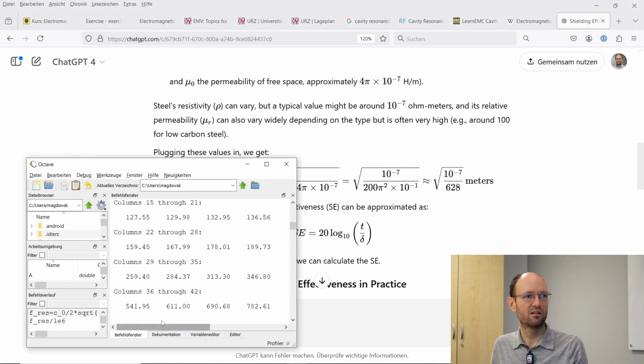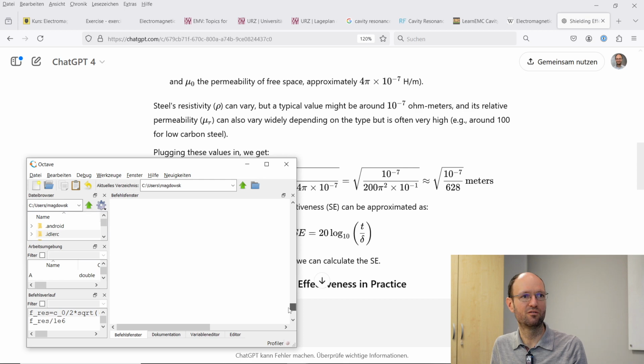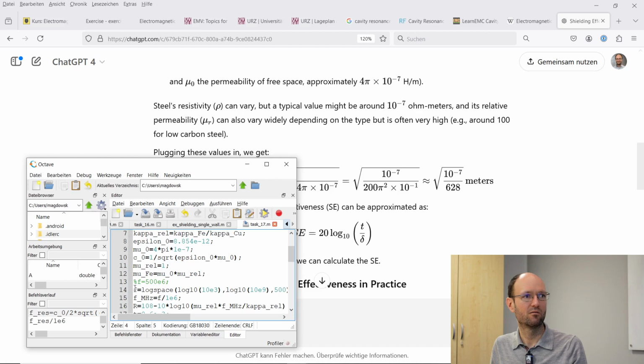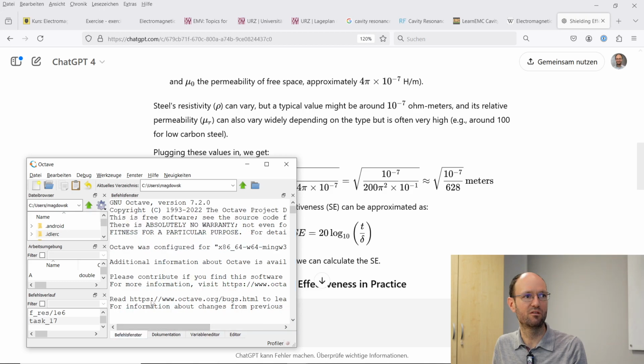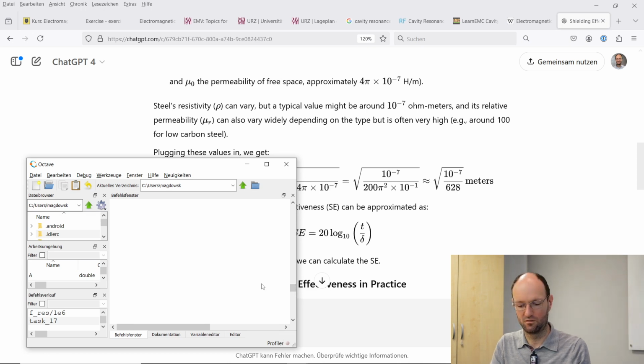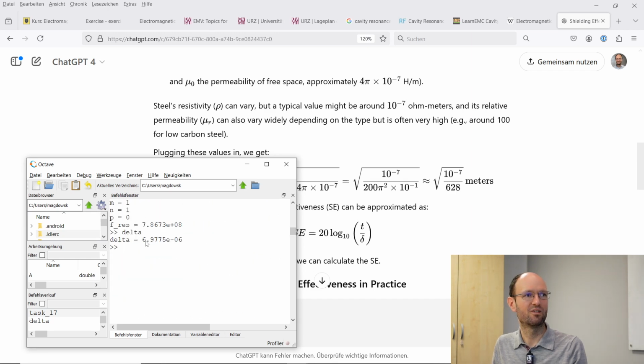So our delta, now of course difficult to say because we have changed the frequency to our frequency vector. So if I recalculate it just with the single frequency, our delta, where's my prompt? Here it is. So delta was something like this.